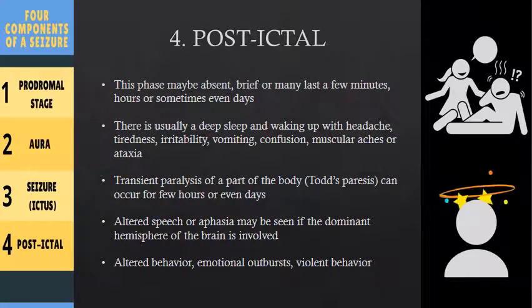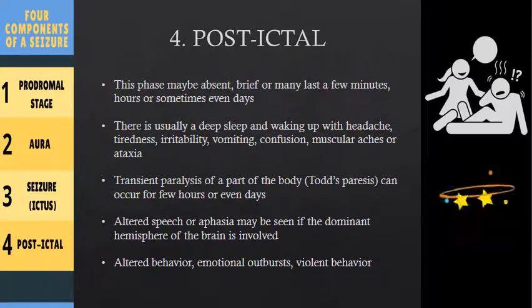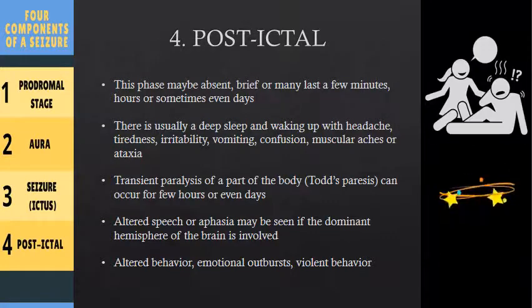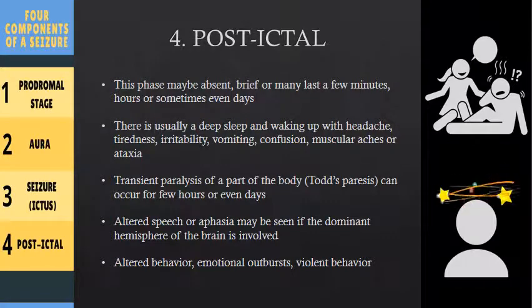A patient can also have altered speech or aphasia if the dominant hemisphere of the brain, which is usually the left hemisphere, is involved. And some patients can have altered behavior, emotional outbursts, and even violent or aggressive behavior.